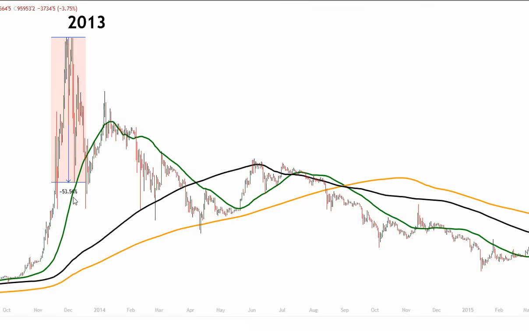Again, 52% in 2021, 45% in 2017 and early 2018, 53.5% here in 2013, and then you get these dramatic rebounds back up. And I think that's going to set up a head and shoulders pattern on Bitcoin, but then it dropped about 84%.